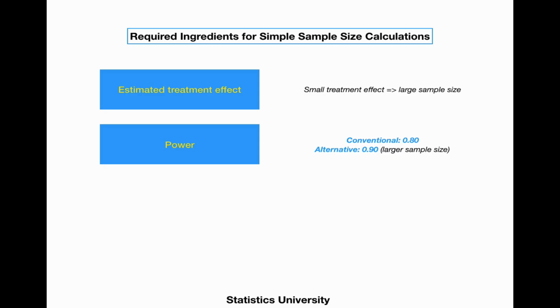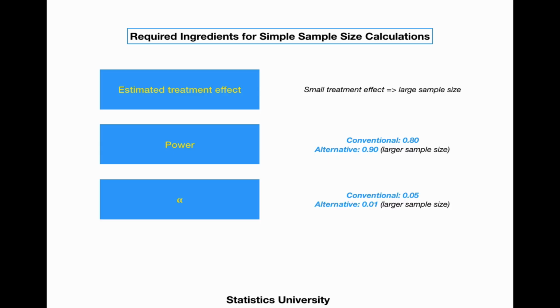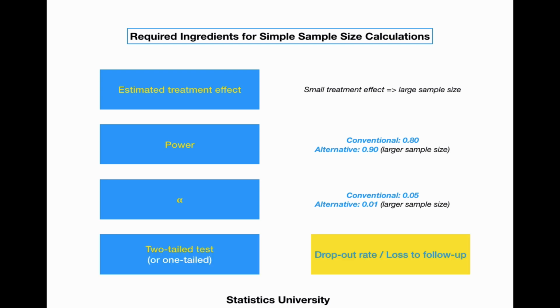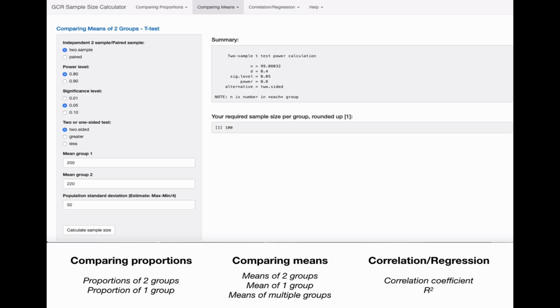Power, a conventional number is 0.80, an alternative number is 0.90, which will require a larger sample size. And alpha level, which is conventional at 0.05. 0.01 will require a larger sample size, and specify whether you want to use a two-tailed test or a one-tailed test, and if necessary, incorporate your expected dropout or loss to follow-up rate in the sample size number calculated.